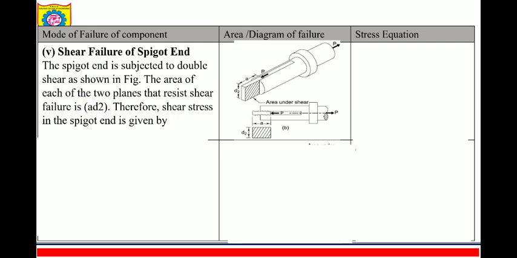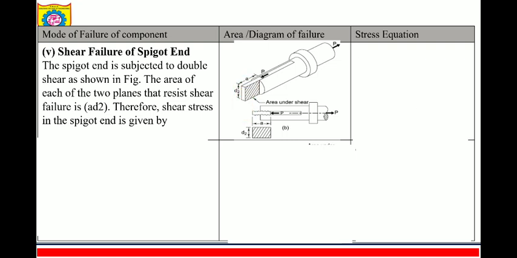You need to understand here. You can see the spigot end, this is the spigot end in which the Cotter is inserted. Whenever we are applying force, whatever portion is in the spigot, you can see this portion is in the spigot. So a into d2 is your shear area.